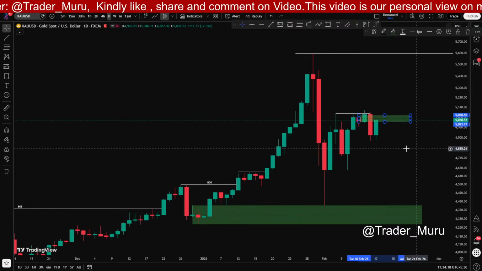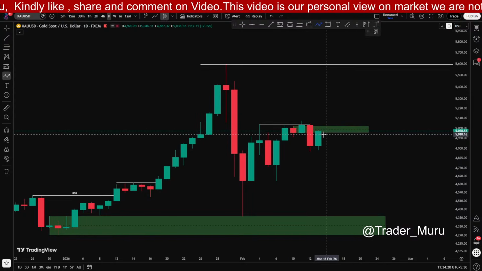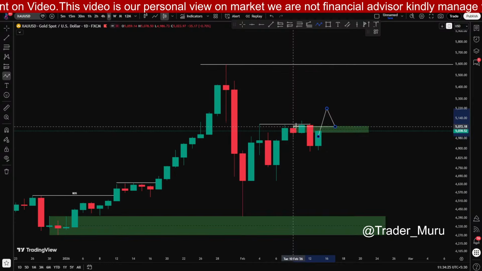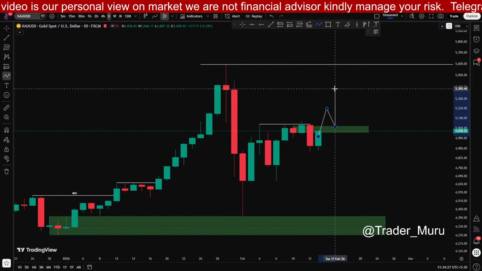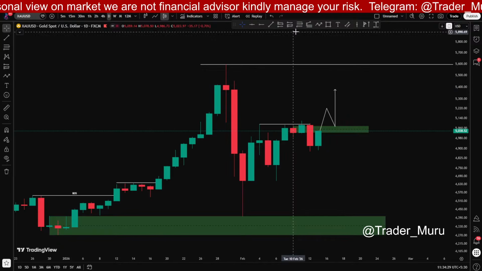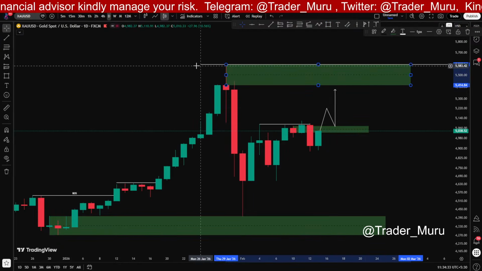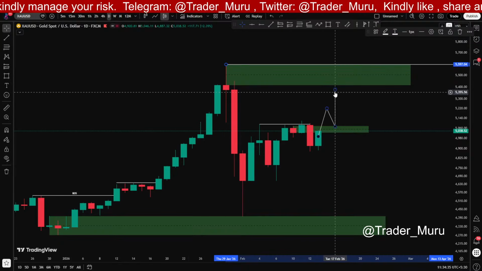So to be bullish again, price needs to break above, retest this supply, turn it into demand, then the target will be this zone here, this full daily time frame supply.